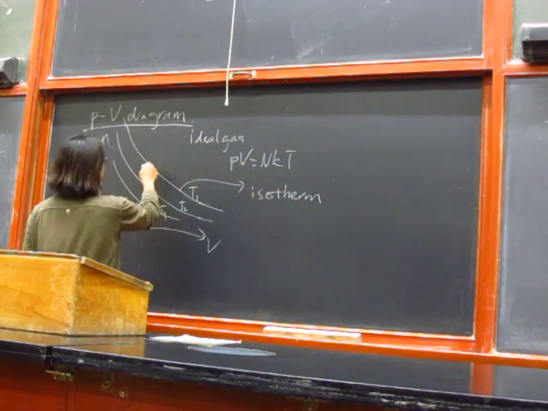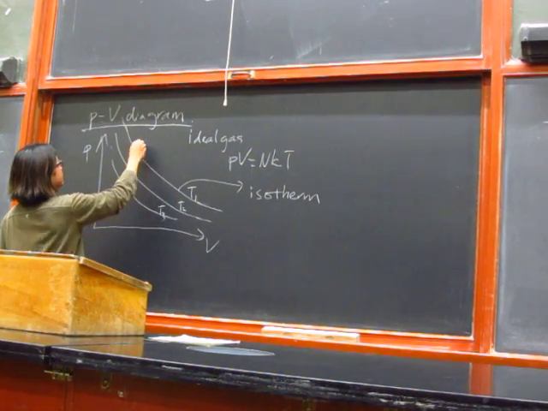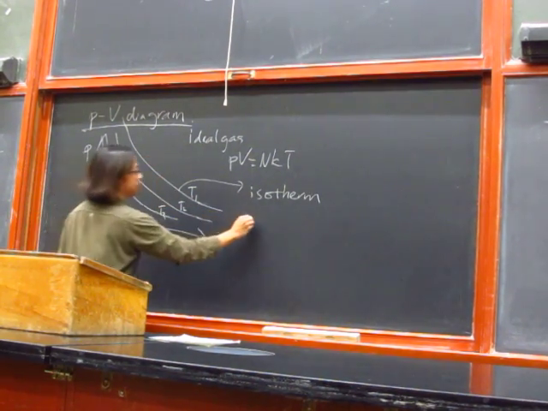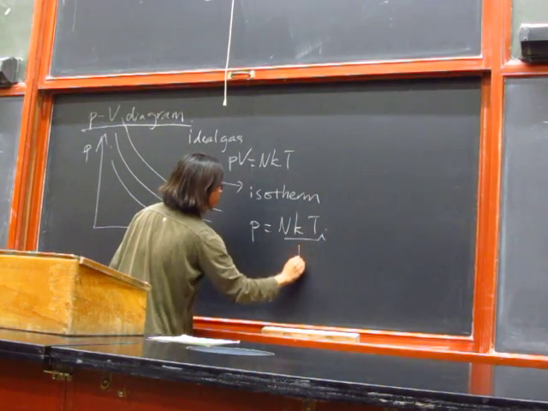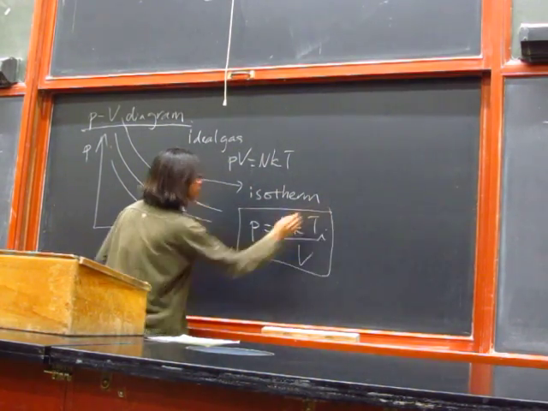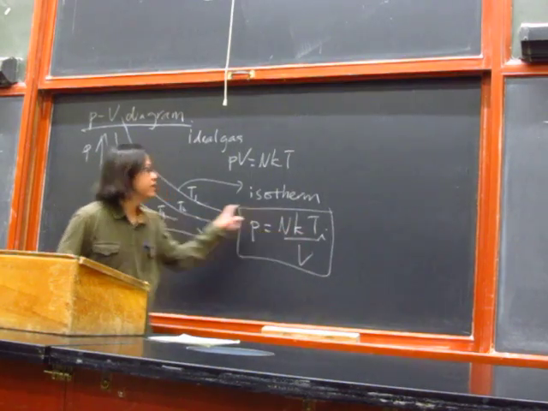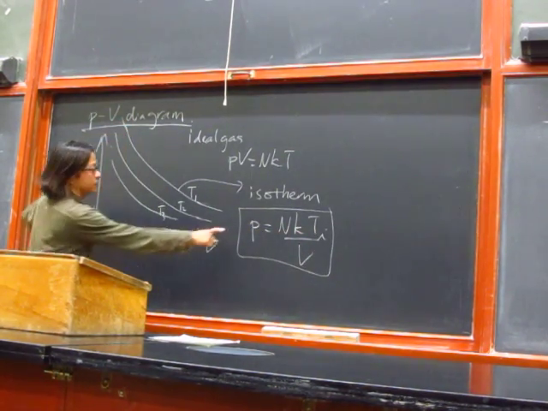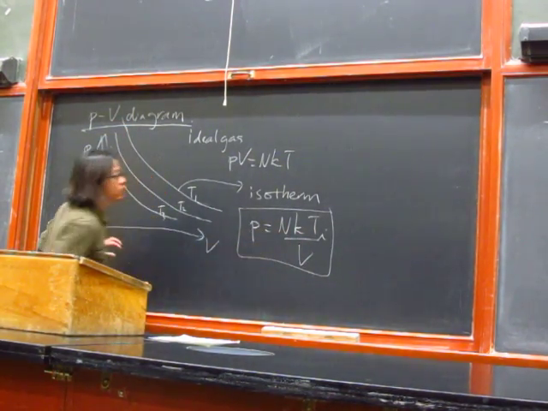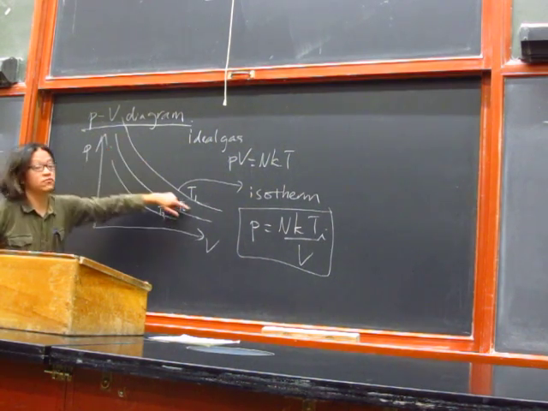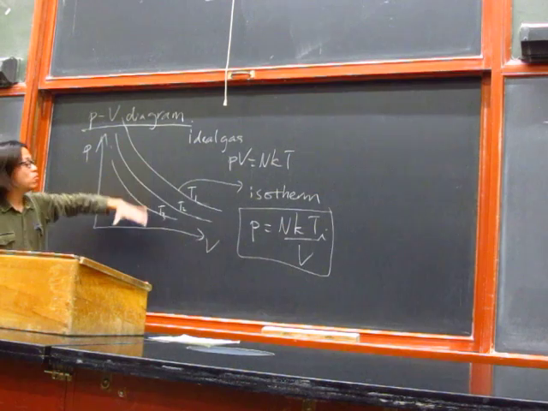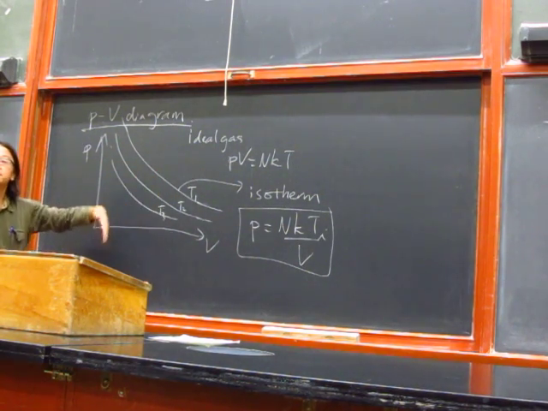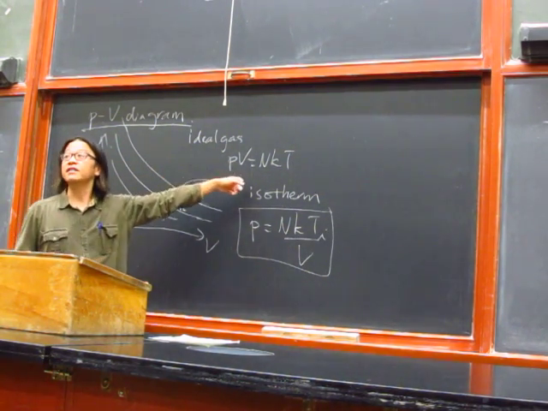So each of these curves has an expression P equal to N k Ti over V. Okay. For every Ti, the dependence of pressure on volume is called an isotherm. And this is no more than a graphical expression of the equation of state.